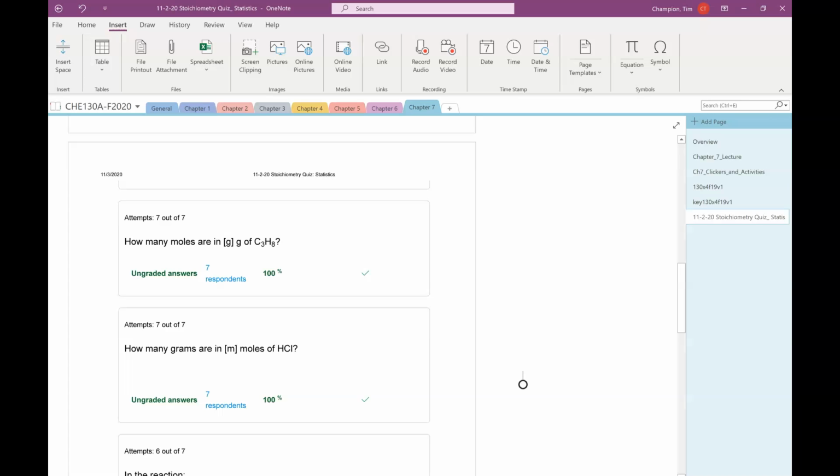Where you see this bracket G here, that is a variable in the formula question, so it could have been any value. So let's just say that was 12.3 grams. So if we say it was 12.3 grams of my C3H8, then what I would do is multiply by 1 mole of C3H8 divided by, and then I would figure out the molar mass of C3H8.